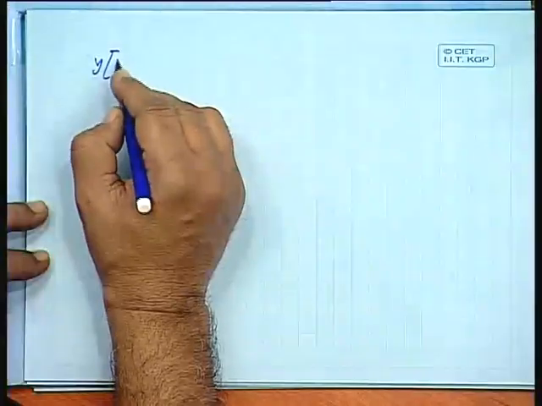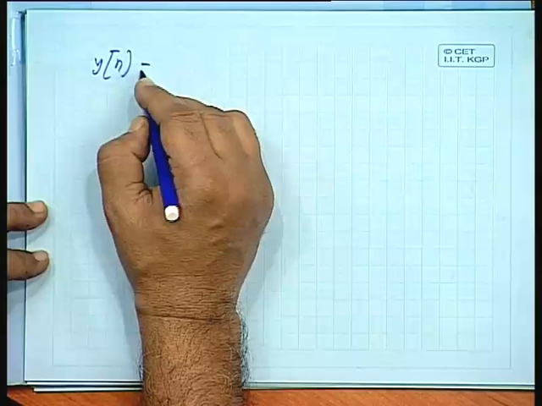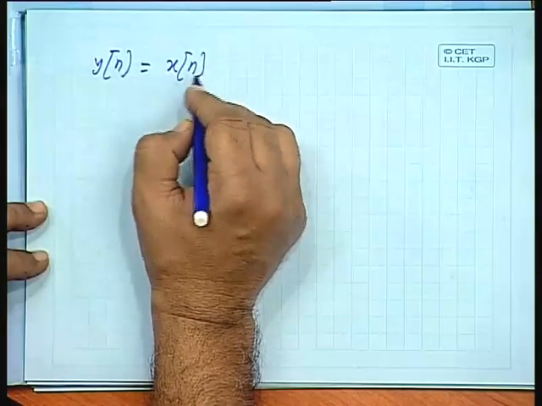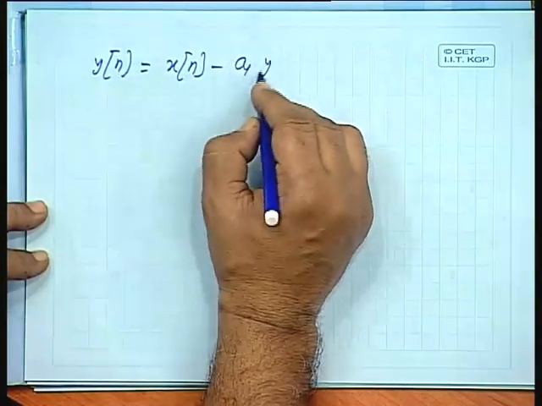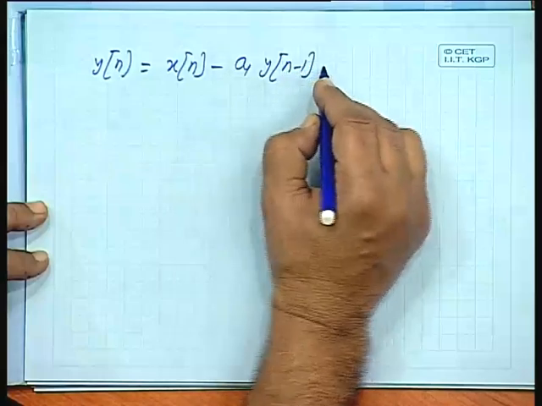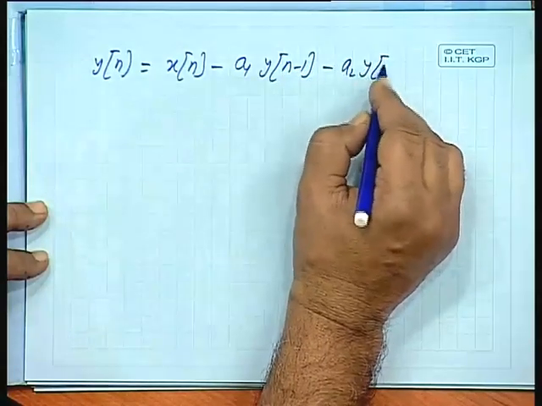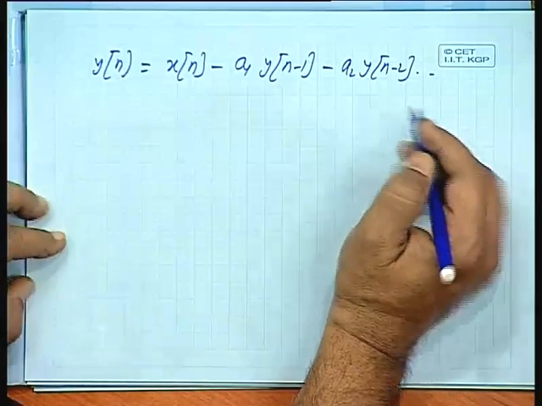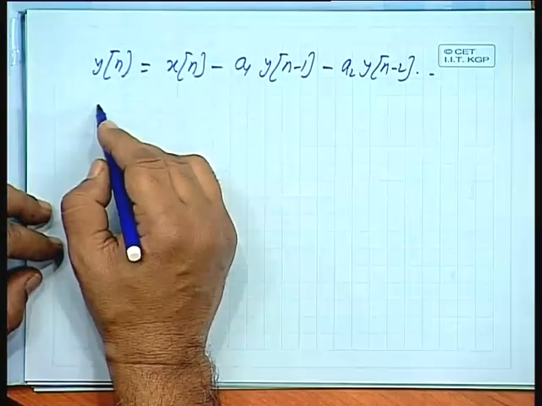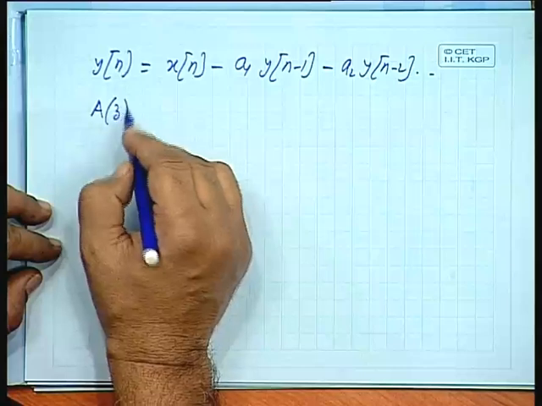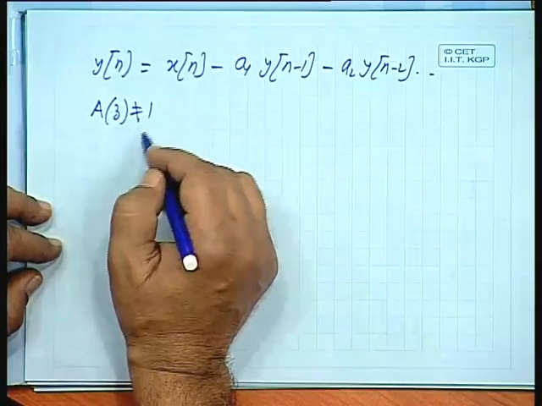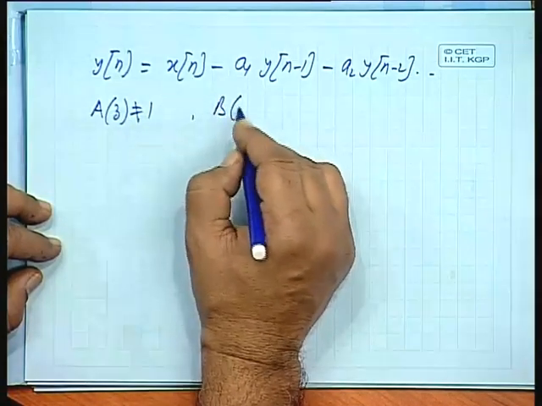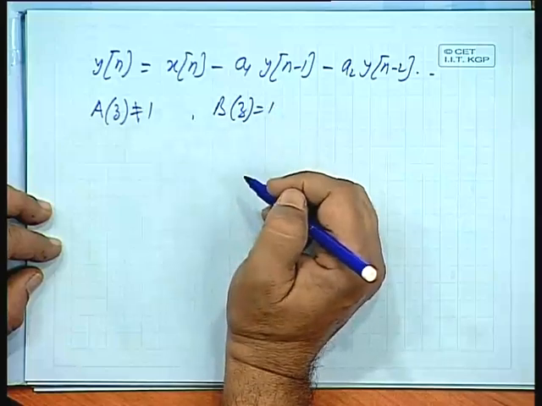Suppose we have, on the other hand, y(n) is equal to x(n) minus a1 y(n minus 1) minus a2 y(n minus 2) and so on. This means A(z) is not 1, it is finite, but B(z) is 1, is it not?